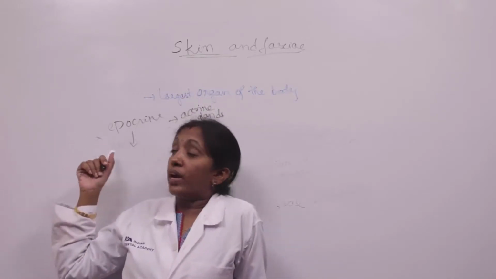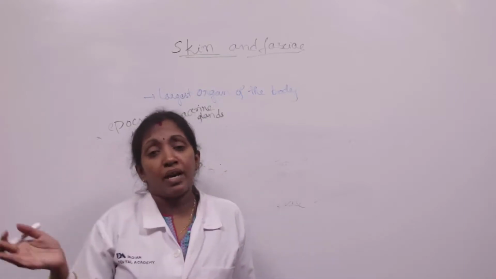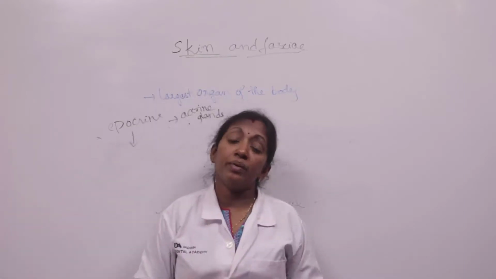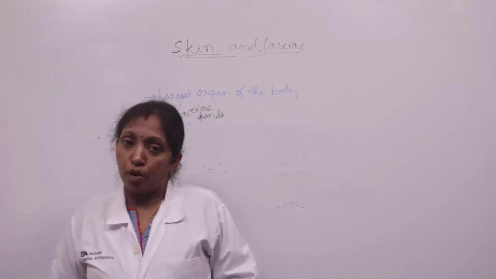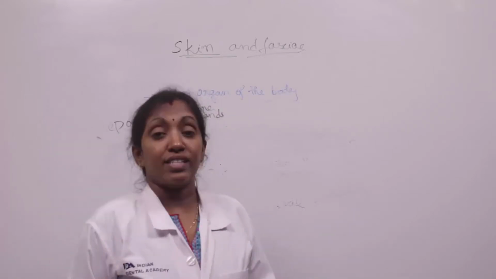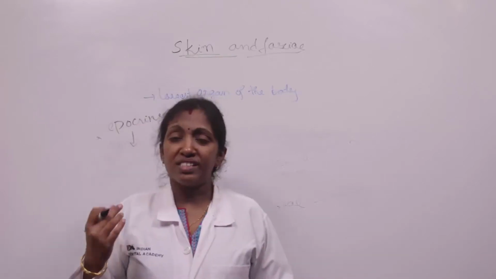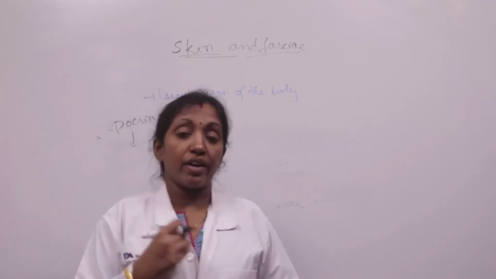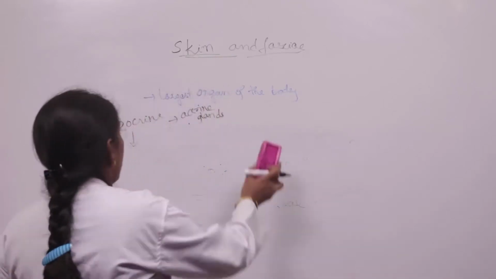The apocrine glands are present everywhere, more abundant all over the body. So that's about the eccrine glands and the apocrine glands. That's the brief introduction about the skin and the fascia.